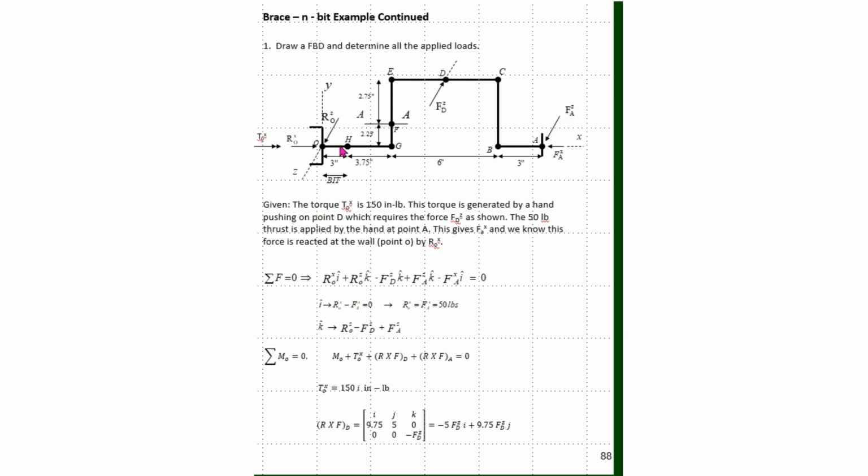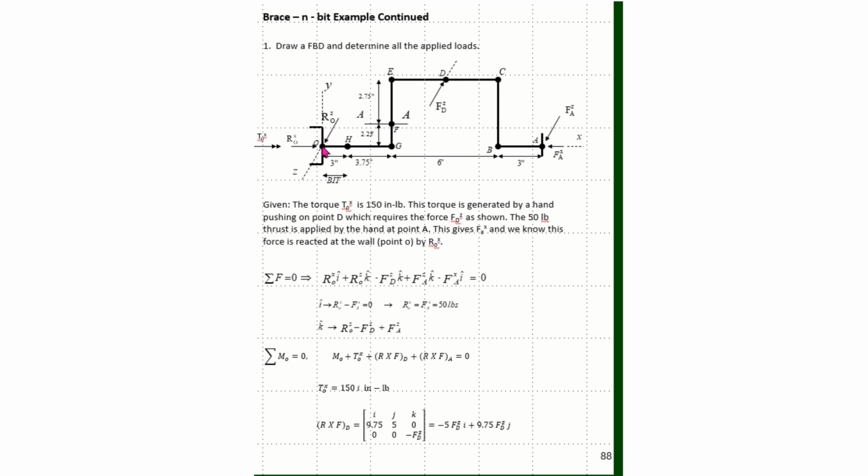We know that for a drill bit, we want to have the summation of moments equal to 0 back here at point O. You've probably all broken a drill bit before, and that's because you've applied a moment, a bending moment, to the drill bit. And so if we have a bending moment applied here at this point O, we will break our drill bit.